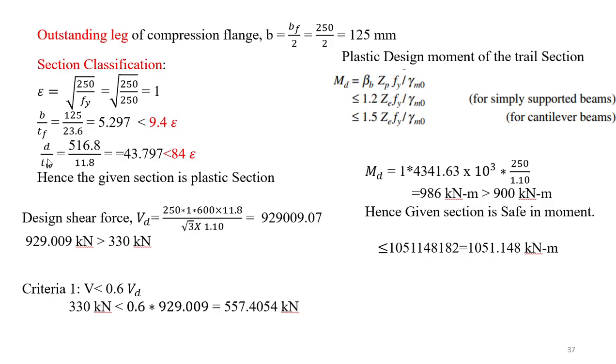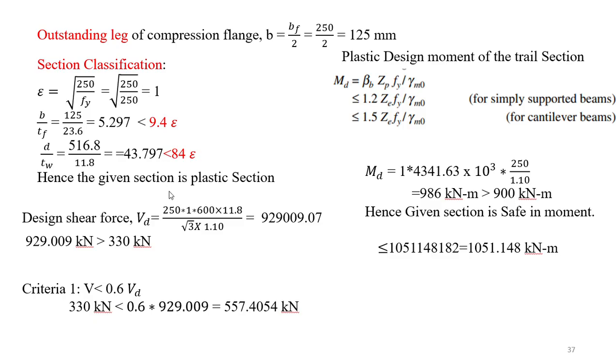And D by thickness of the web we get 516.8 by 11.8, which is 43.797, which is less than 84 epsilon. These two satisfy the plastic section conditions. Hence the given section is a plastic section.